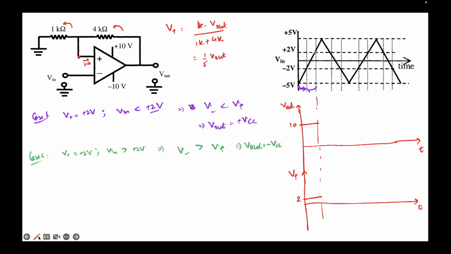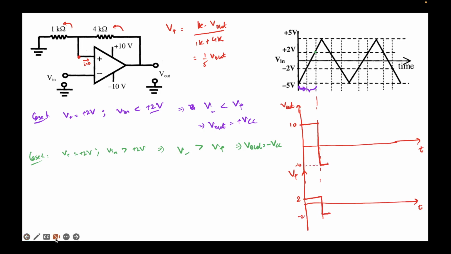So V out has now flipped to minus VCC, which is minus 10 volts. V out will simply go from plus 10 to minus 10. Correspondingly, because this is a potential divider, V plus will also flip from plus 2 to minus 2. This is minus 2, and this voltage is minus 10 over here.